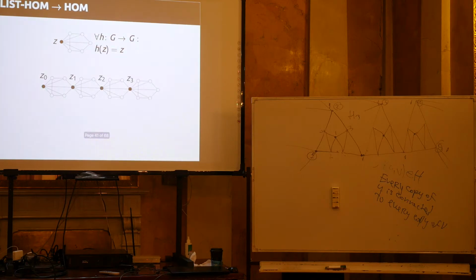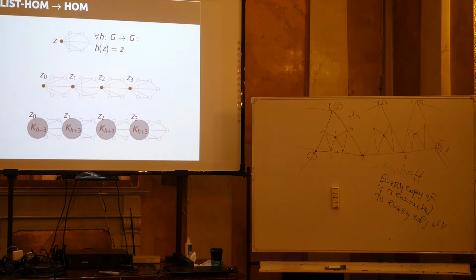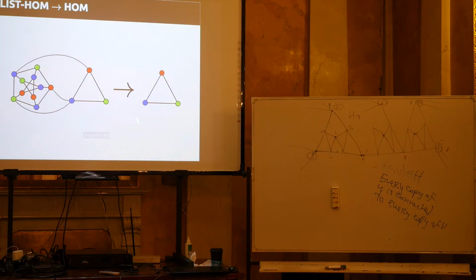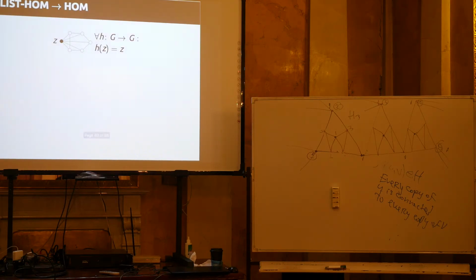We basically blow up each vertex by a huge clique, and we say that these cliques must be mapped to each other, and they can't be mapped to, say, here. So to the vertex number, say, 3, you add the gadget consisting of 3 of these small graphs.